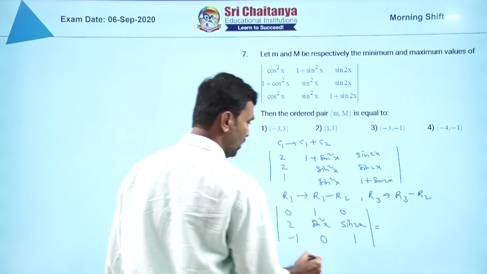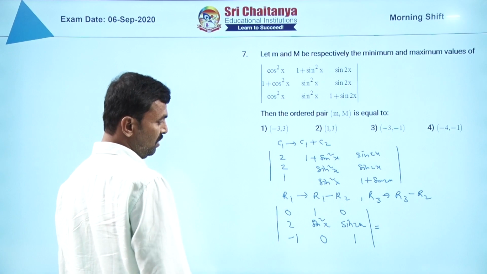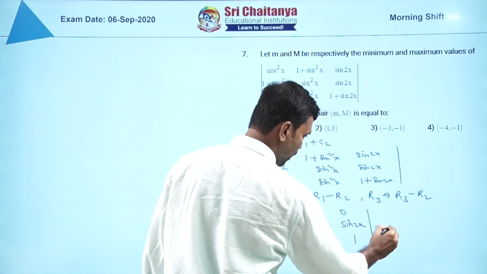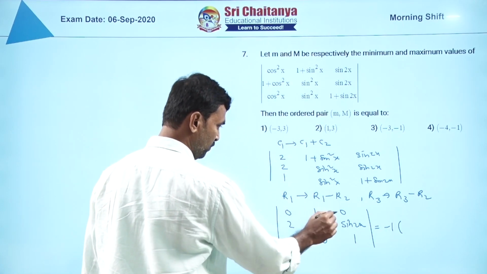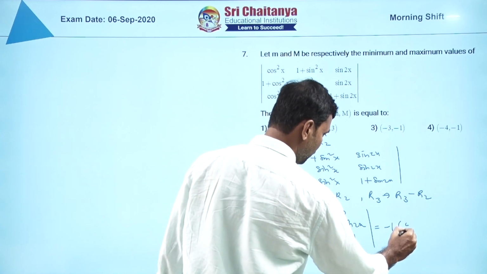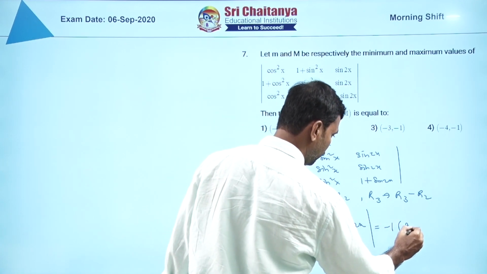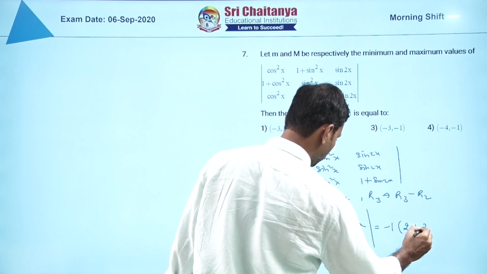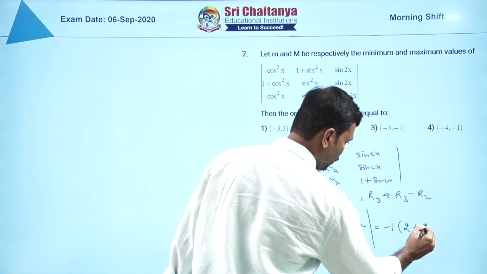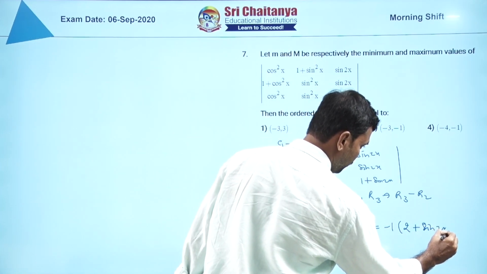I am expanding this on first row R1, I am getting minus 1 into 2 minus sine 2x, so 2 plus sine 2x, 2 plus sine 2x I am getting.